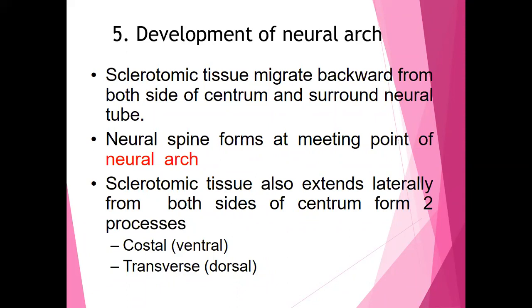From the ectodermal layer we have the surface ectoderm, underneath we have the neural ectoderm, from which we have the neural tube formation, and on the ventral side we have the notochord. So the sclerotomic tissue migrates backward from both sides of the centrum and surrounds the neural tube, which definitely lies dorsally. The neural spine forms at the meeting point of the neural arch. The neural arch means half from one side and half from the other side, which together make the neural arch.